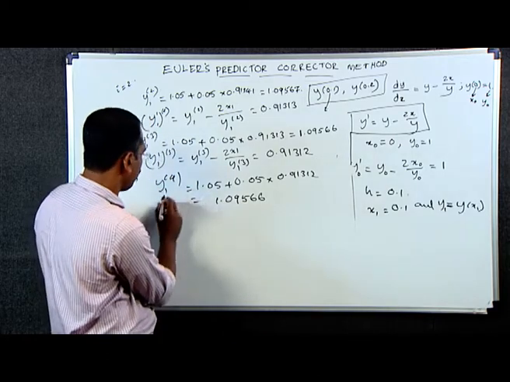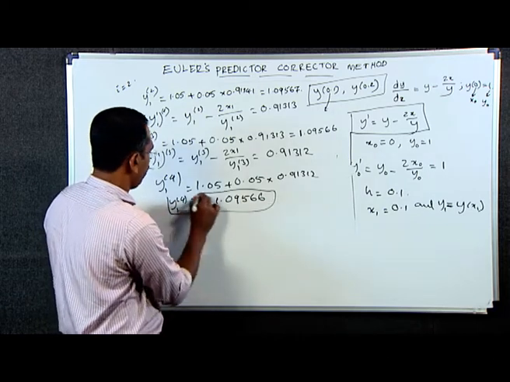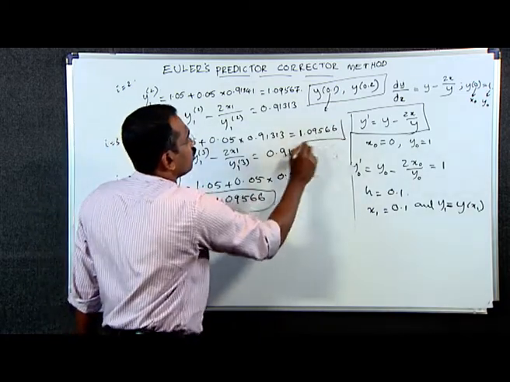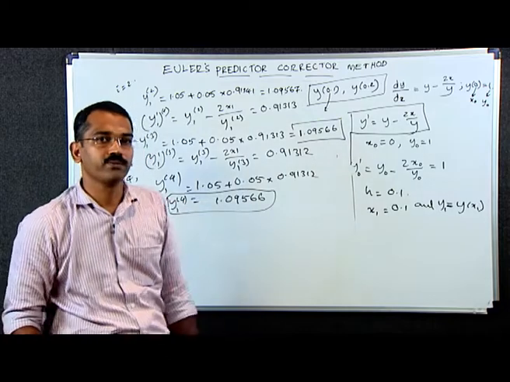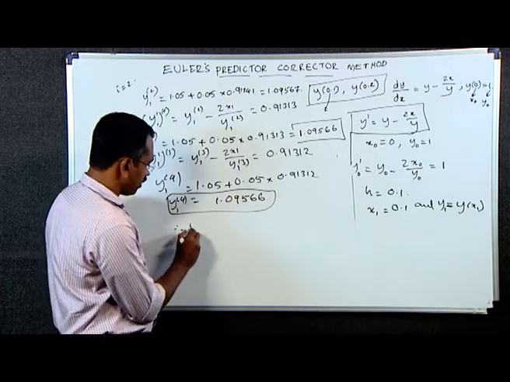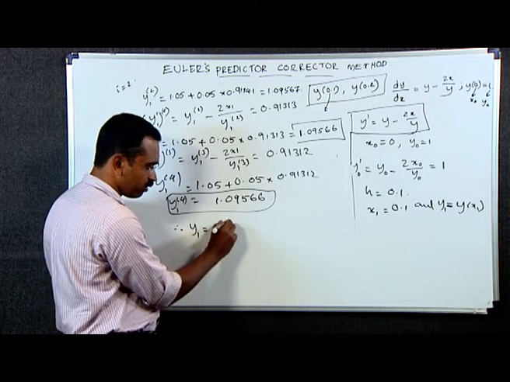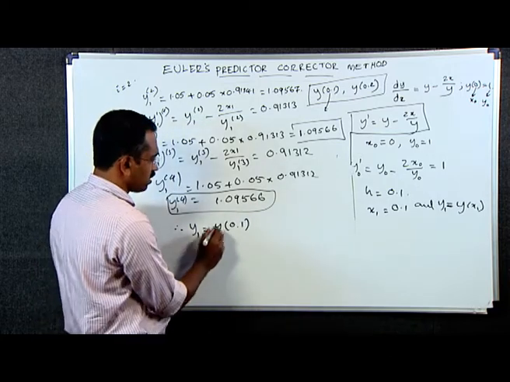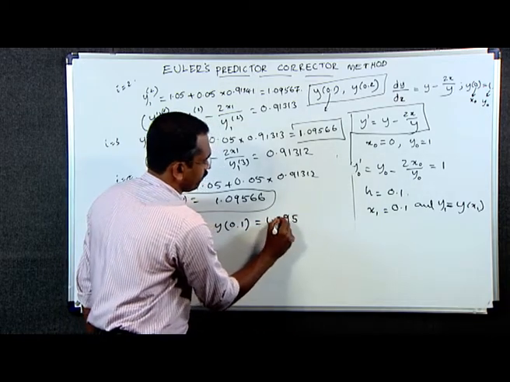Here y1(4) is equal to 1.09566, and in the previous step we obtained y1(3) as 1.09566. These two are the same, therefore the convergence has occurred, and hence we take the value of y1, that is the value of y at x equal to 0.1, as 1.0957 approximately.